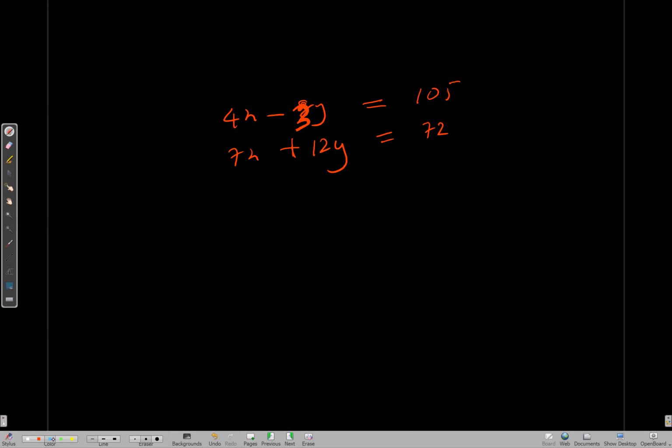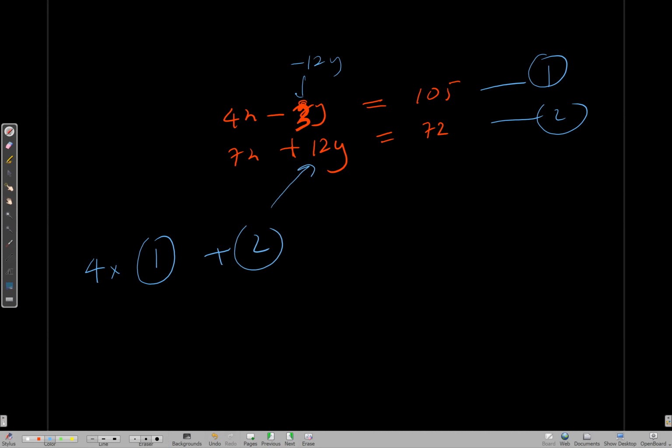If I were you, I would actually get rid of y by doing this. I will multiply the first equation by 4, because then I will make this into negative 12, right? And then just add the second equation, negative 12 and positive 12, they are gone. So you only have an equation involving x, right?